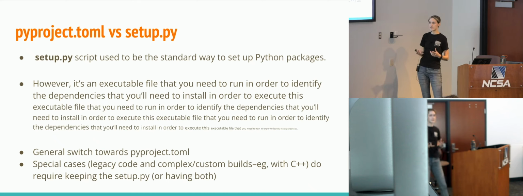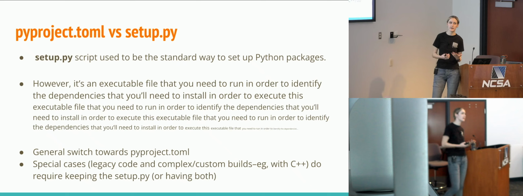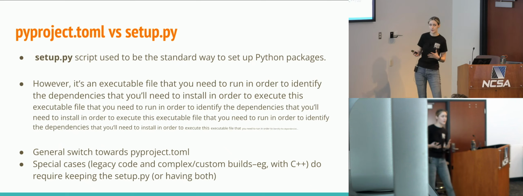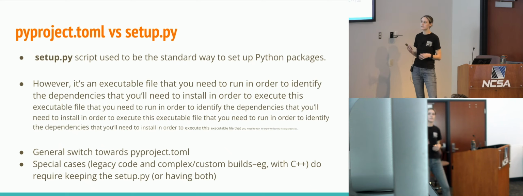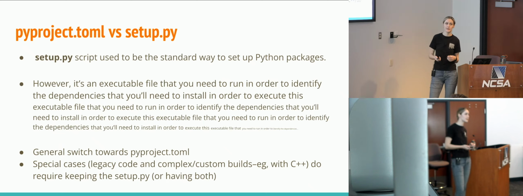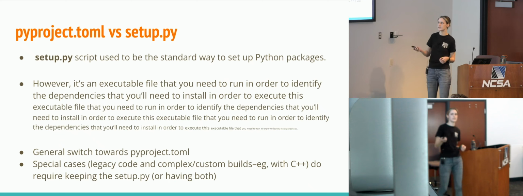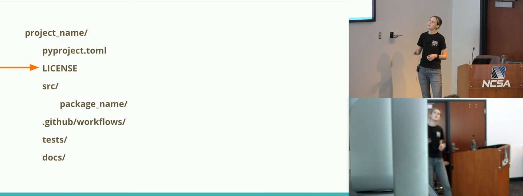There are special cases, like if you're supporting a lot of legacy code or you need complex or custom builds. For example, I was just working on a project where we are wrapping C++ code. We will have to have the setup.py around while still using a hybrid approach where we do provide the pyproject.toml. But in general, it's nice to just prefer the pyproject.toml.